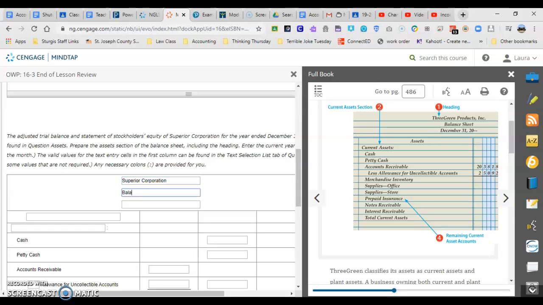The name of the financial statement is balance sheet. And then this time we're just going to include the date. It's not for month end or year end or whatever, because these balances will change. They could change all the time, like the next day, right? That balance of cash and all those can change daily. So we're going to start off with our assets section, and then we're going to do our current assets first.